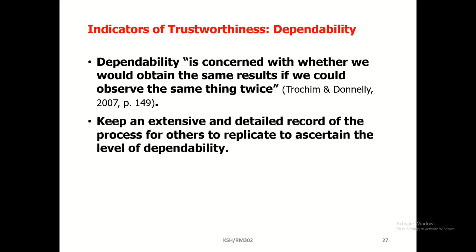Once again, it is suggested that the researchers need to keep an extensive and detailed record of the process for others, in the second research study, to replicate so as to ascertain the level of dependability. Simply put, when different researchers conduct a study with the same objectives, they can follow all the steps described in the previous study, so that the results can be comparable.